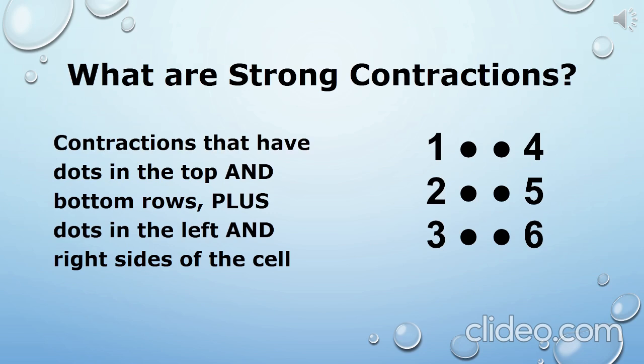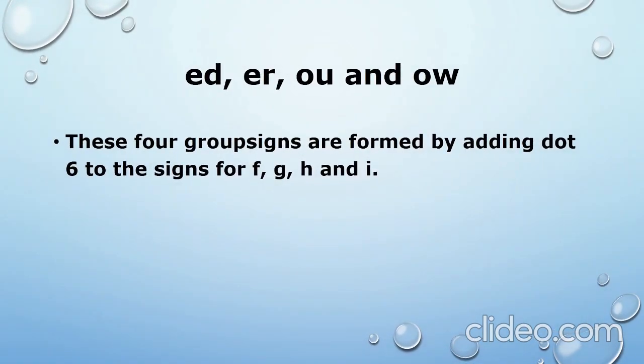If you recall, in the previous videos, we had the strong contractions for and, of, the, and with, and also the strong contractions with H: CH, GH, SH, TH, and WH. This time, I'm going to feature the contractions for ED, ER, OU, and OW.